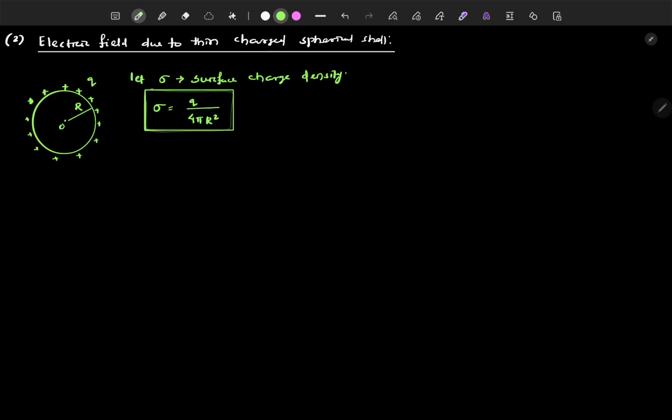This is the value of sigma, which implies the value of Q is sigma into 4 pi R square. So next we have to find the electric field intensity for case 1: inside of the spherical shell.